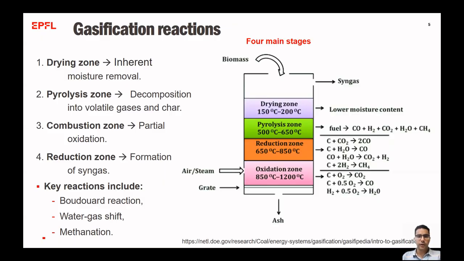As we can see, the oxidation zone provides the heat to the other endothermic stages, and in the end, we have a production of ash, a residue that melts at very high temperatures. Therefore, depending on the temperature of the oxidation zone, it may leave the gasifier in the form of slag or in the form of solid ash.